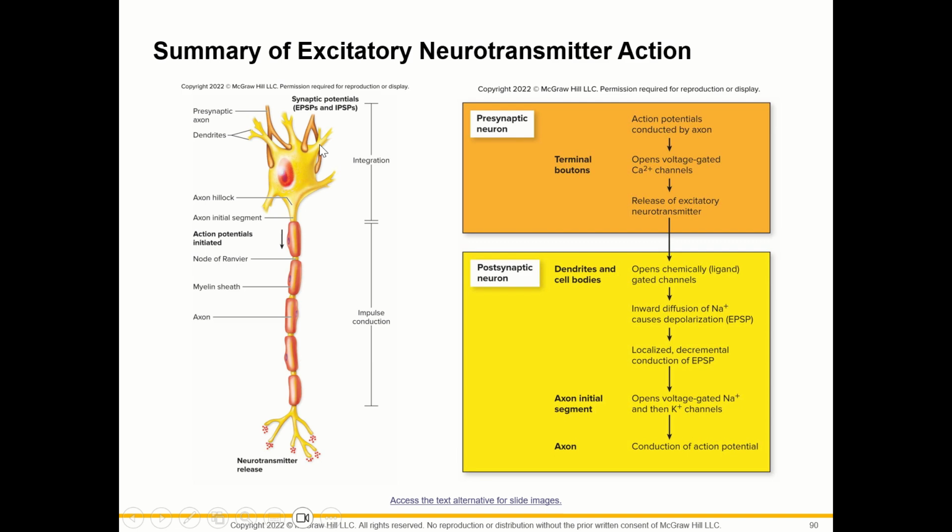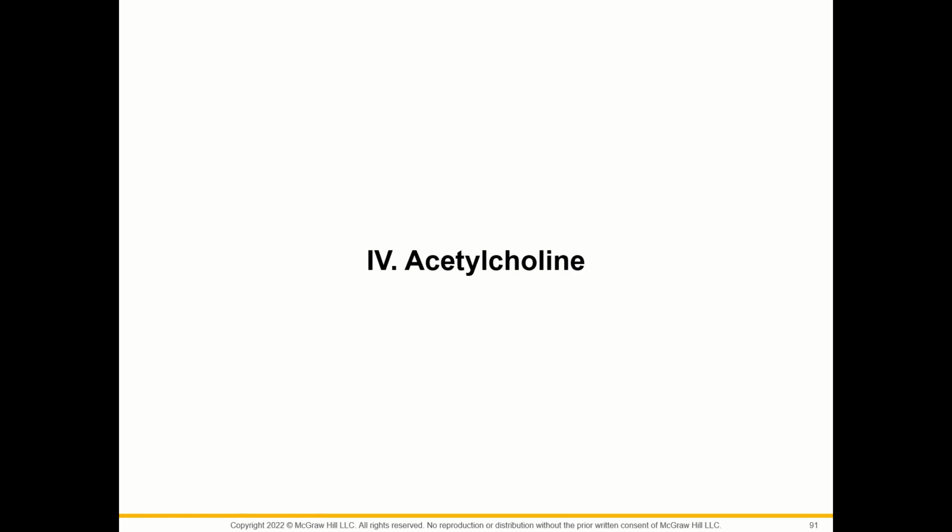Spatial summation is when we have multiple different neurons coming at the cell body. So if we had an EPSP from this guy to the right and an IPSP from this guy on the left, that's spatial because they're from different spaces, different areas on the neuron. And in this case, they might cancel each other out. So anyway, neat stuff. All right, so now we are getting into the neurotransmitters.